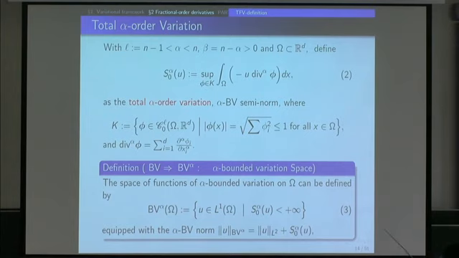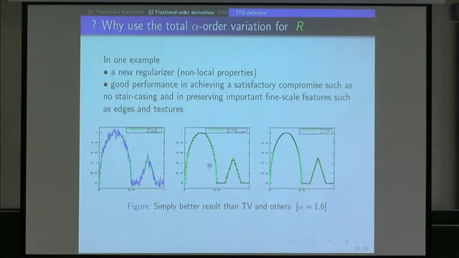This equation 2, I'm sure you can recognize, is just a simple generalization of the TV seminorm. Here we just use the alpha derivatives for the very smooth function k, which are so many times differentiable. And then you can define this BV alpha space as the subspace of L1 where this seminorm is less than infinity. That's straightforward.